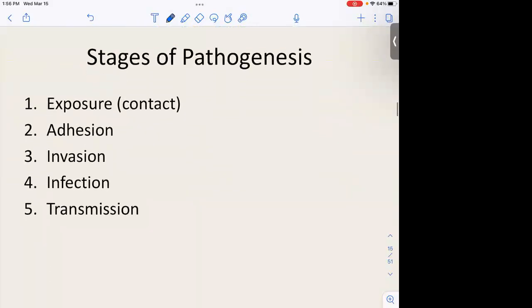All right, so if we look at the stages of an infection, to be successful in establishing itself in a host, a pathogen is going to have to do these things. And there's nothing fancy about these terms. You could call them something slightly different. But the pathogen has to be exposed to the host in the right place.